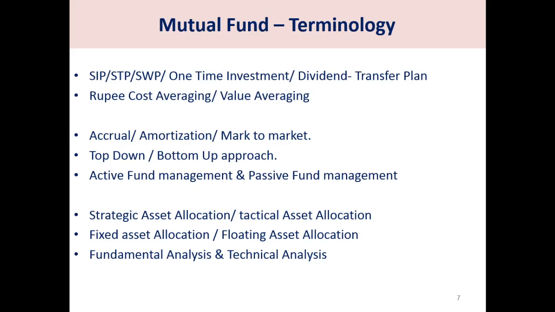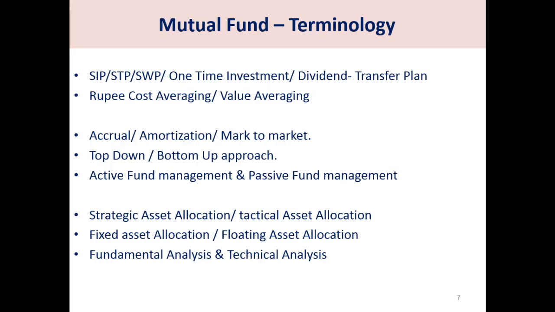And while doing this, there is some interesting terminology like rupee cost averaging, value averaging, and words like accrual, amortization, mark to market. It may look a little technical right now, but it's very simple when I explain it in the different classes. These are the words that you need to understand.